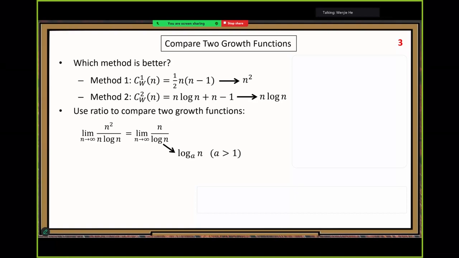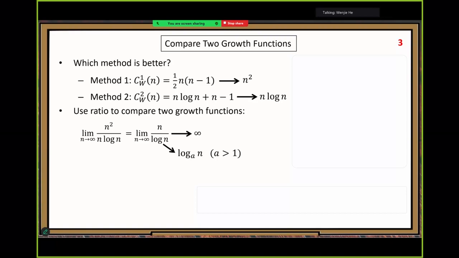So we assume the log base must be greater than 1. Then we just do the calculation. How to calculate this ratio? Here I want to give you different views. Can you see the limit is infinity? The answer is infinity, but can you see it? The ratio is n over log n.